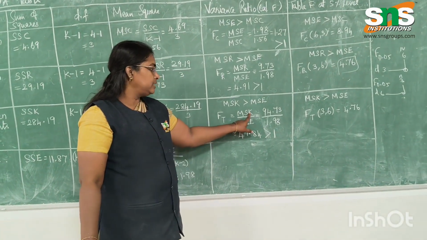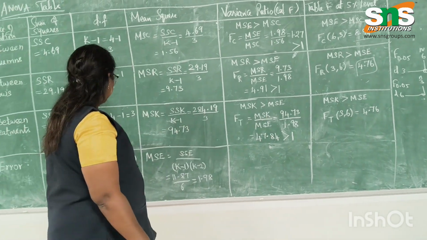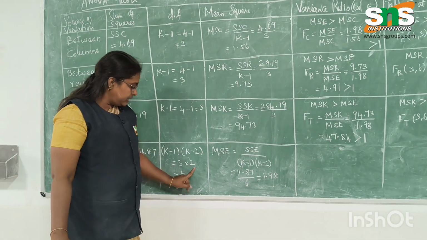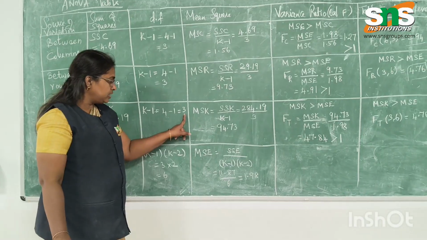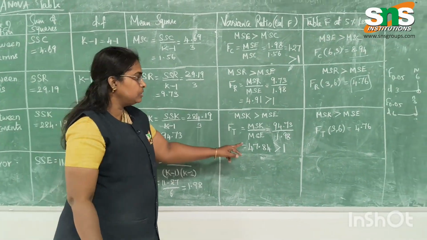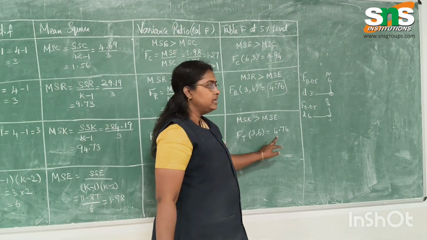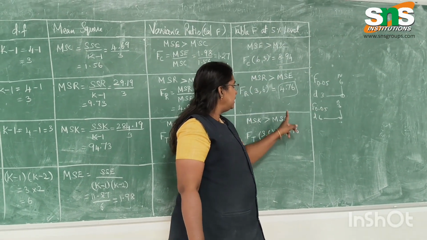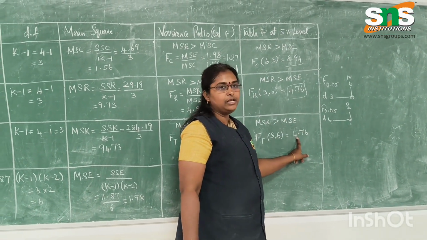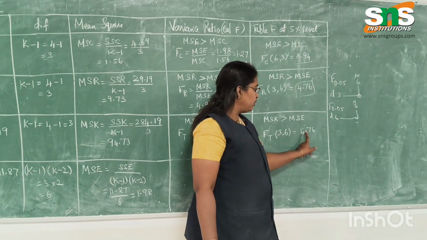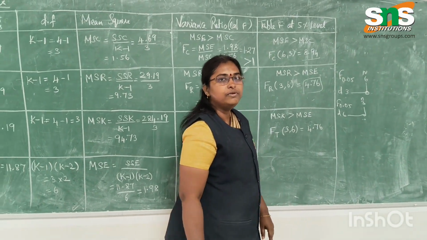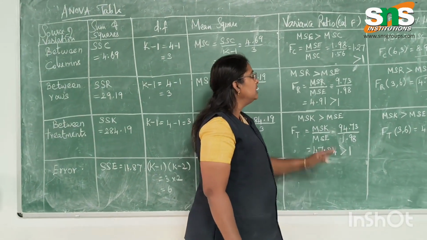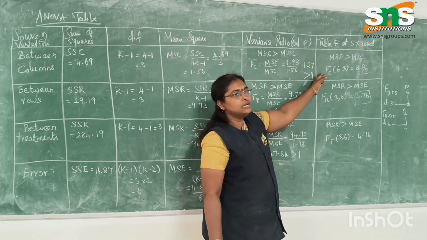Treatment degrees of freedom is 3 and error degrees of freedom is 6, so 3 comma 6 at the 5% level, which we already calculated. The same value, 4.76, I am writing here.